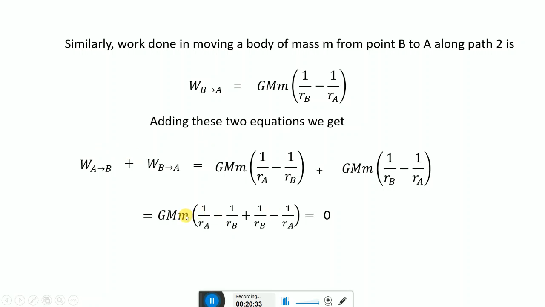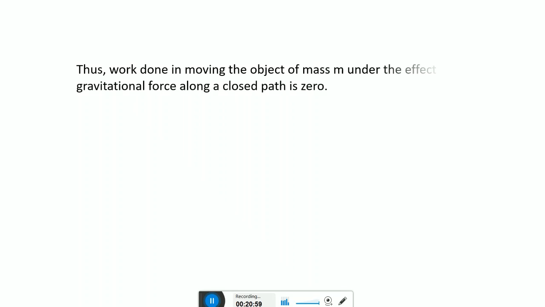So first term and last term are same but opposite in sign, so they get cancelled. Similarly, second and third term also cancel, and which is equal to 0. So work done from A to B plus work done from B to A is equal to 0.